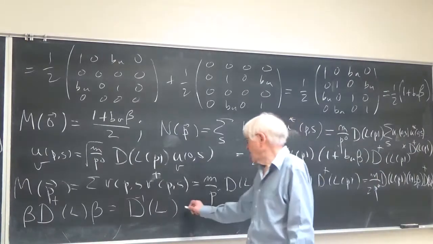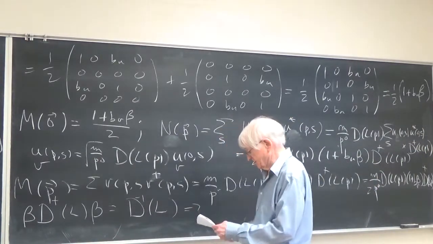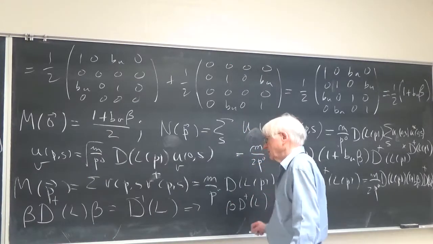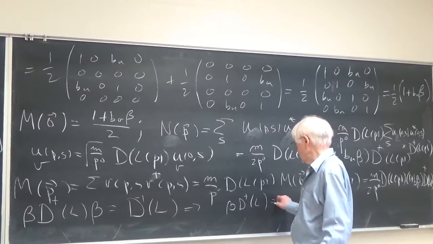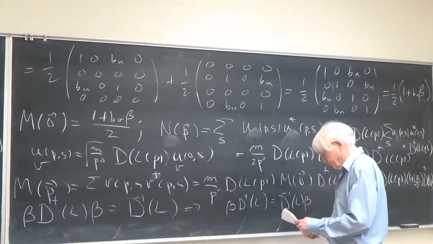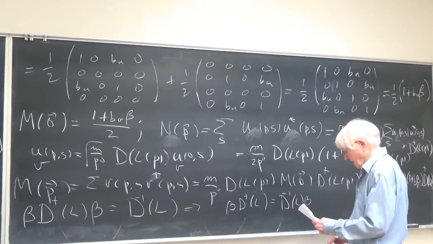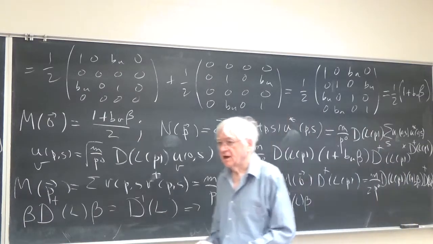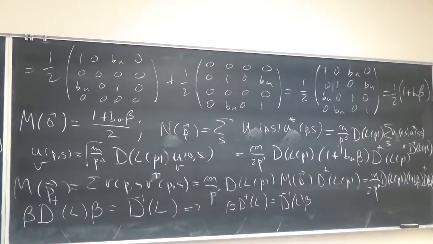And this tells us that beta D dagger of L is just equal to D inverse of L beta, and wow, I've got an extra equation here.